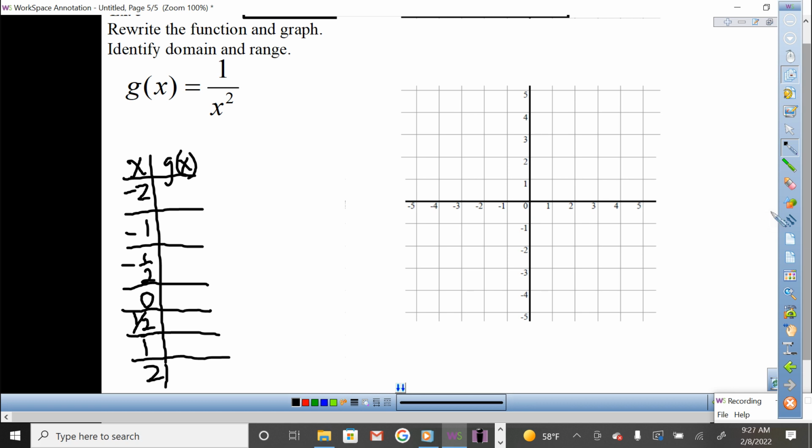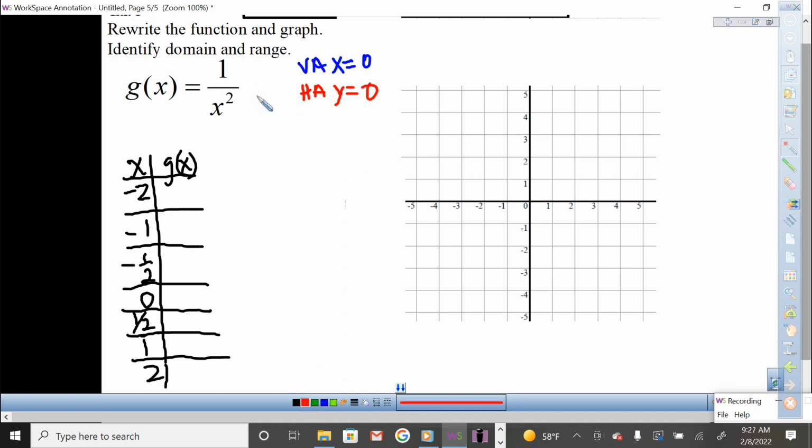All right, to graph this, let's get started. What is the first thing we always do? We identify our what? Our VA and our HA. Say out loud what those are, please. VA and HA. That is correct. 0 and 0.